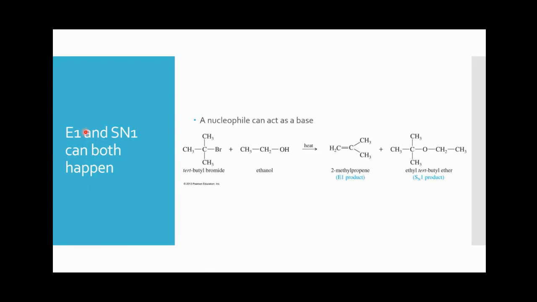Another thing to know is that E1 and SN1 can both happen because they form in the same conditions, where in this case you have a base, but this is also a weak nucleophile. That's why it can attach to the substrate.